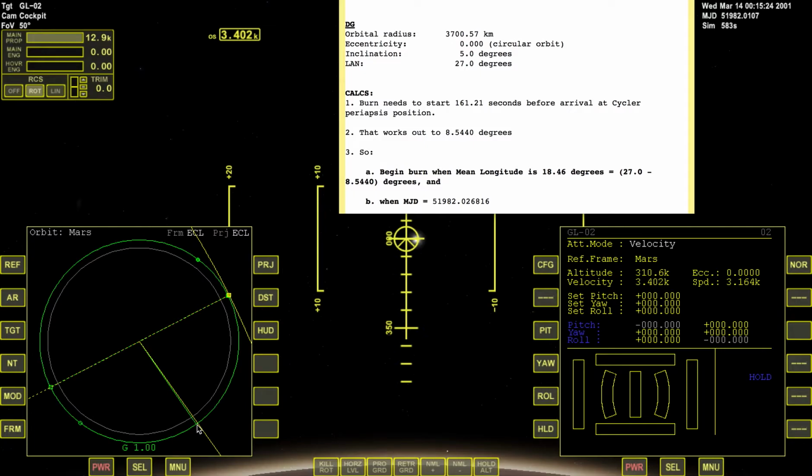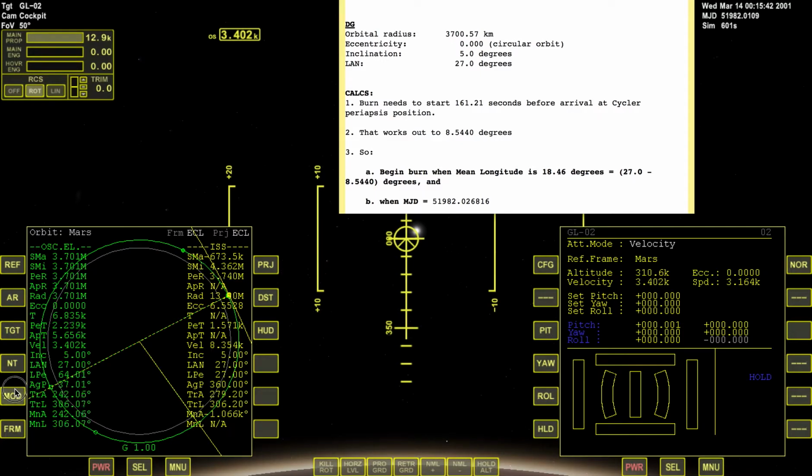The green line here points to where we are in our circular orbit, and the yellow line is pointing to where the Hermes is in its hyperbolic approach orbit, and it's way down off the screen. And our rendezvous point is going to be somewhere over here. Let's turn some of the numbers back on again.